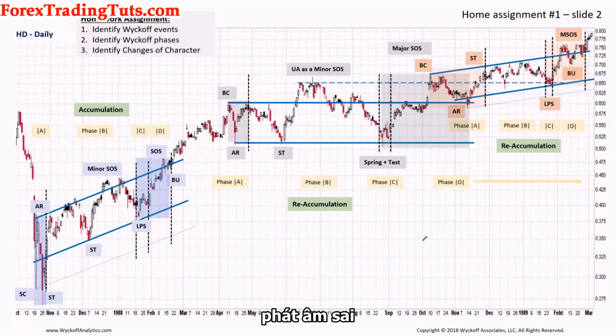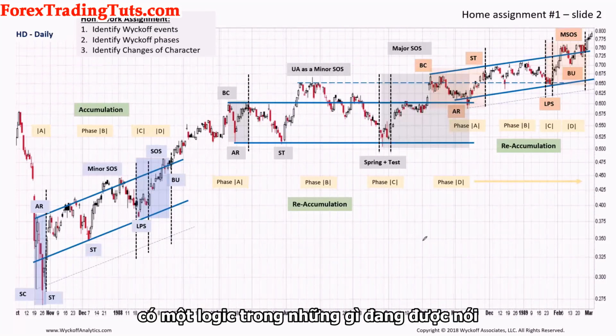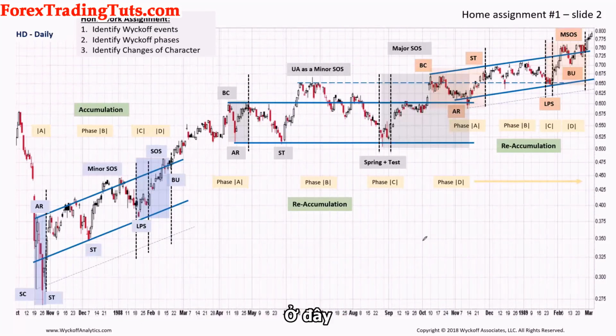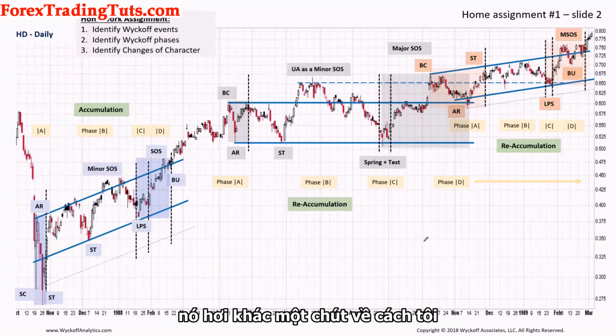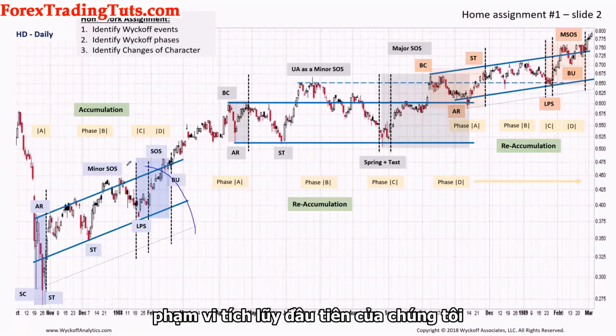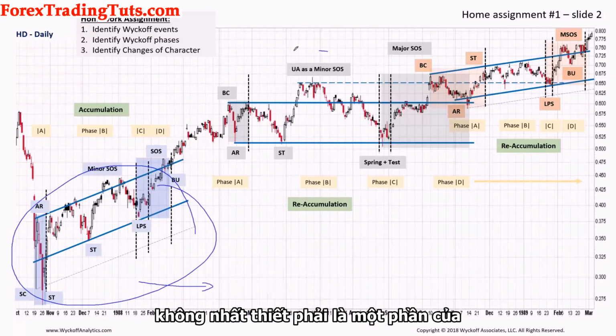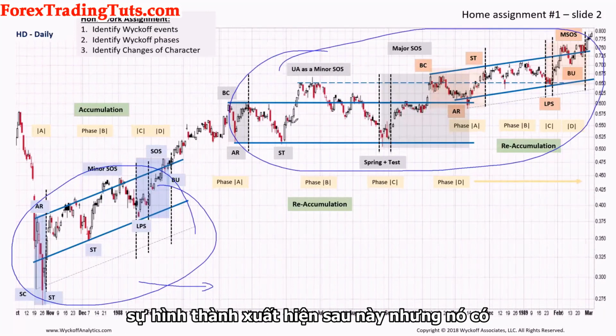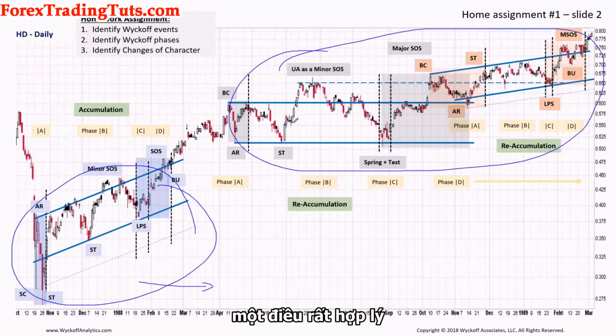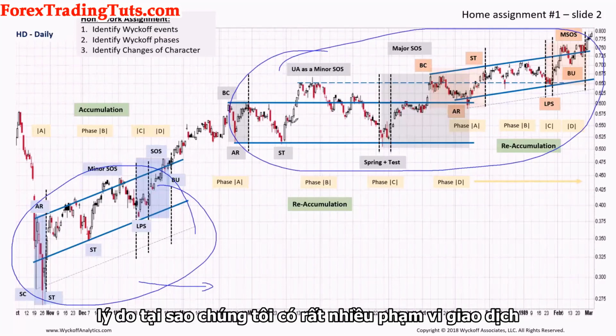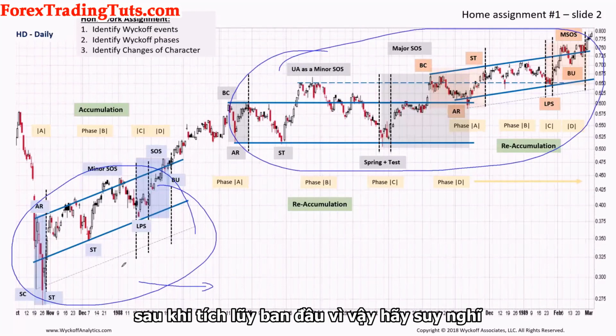There is a logic in what is being said here, but it's slightly different from how I would explain this. Our first accumulation range is not necessarily a part of the formation that comes later on, but it has a very logical continuation of why we have so many trading ranges after the original accumulation.